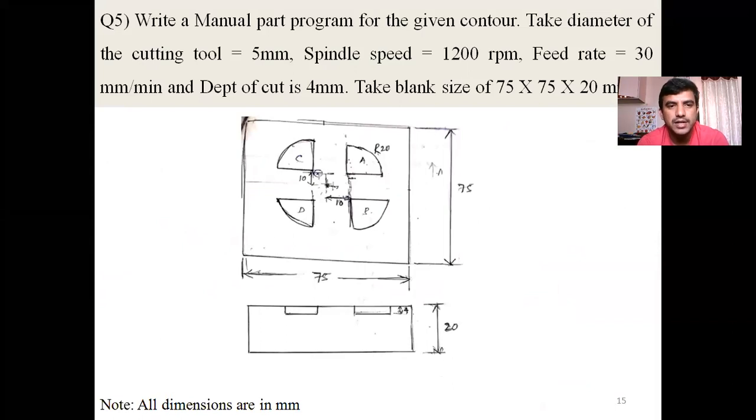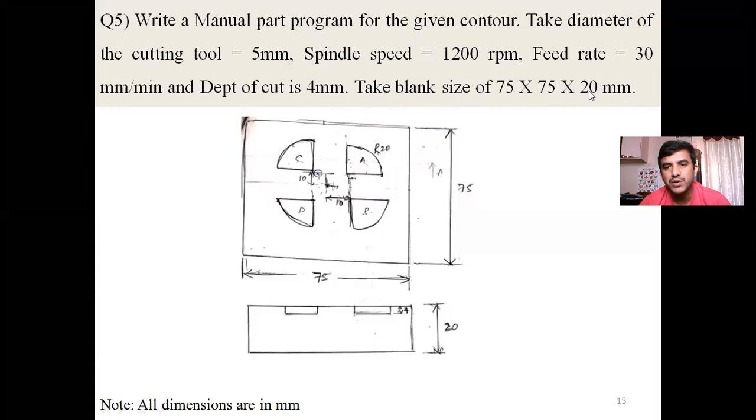Now read the problem and write the appropriate sketch, whatever the drawing is given. Write a manual part program for the given contour. The diameter of the cutting tool is 5 mm, spindle speed 1200 rpm, feed rate 30 mm per minute, and depth of cut is 4 mm. Take the blank size as 75 by 75 by 20 mm.